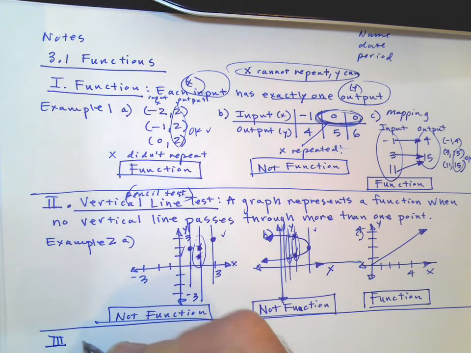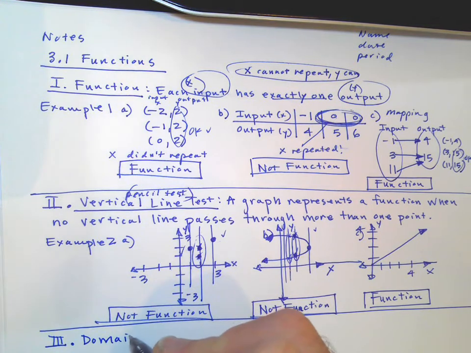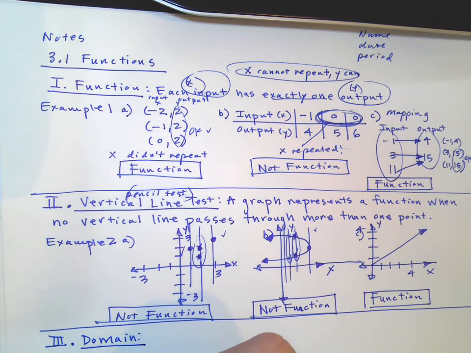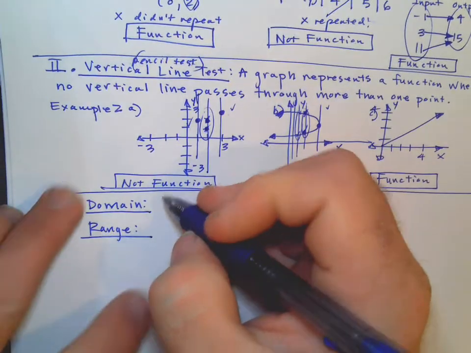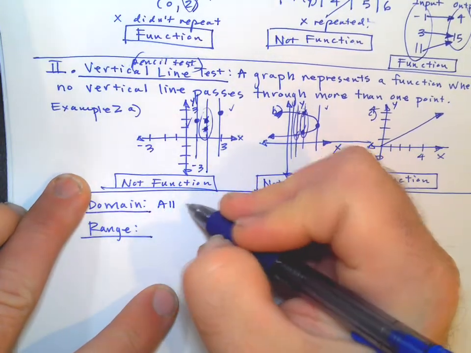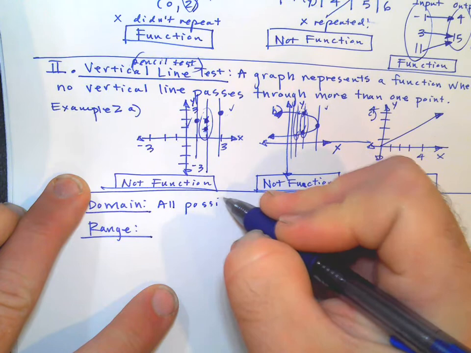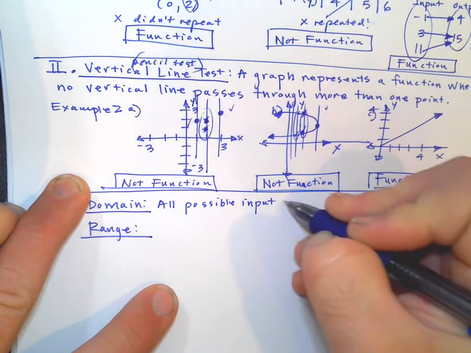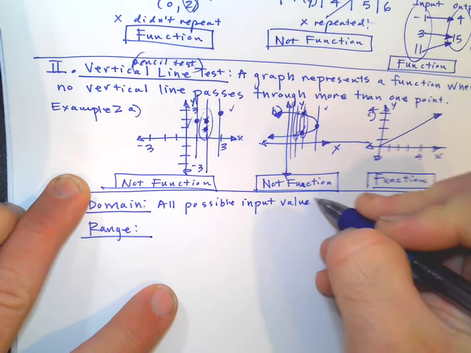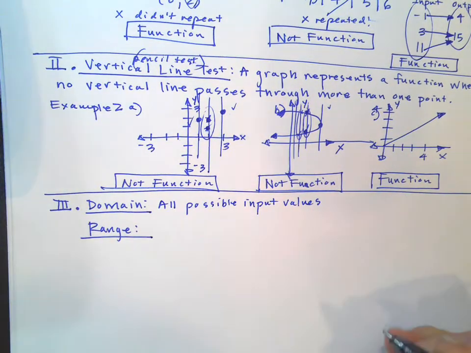All right. Let's talk about domain and range. So what is the domain and range of a function? The domain is all possible input values. A list of all the possible ones that can be used.